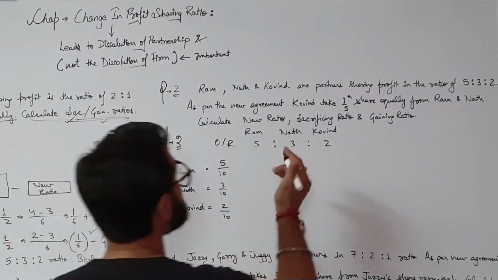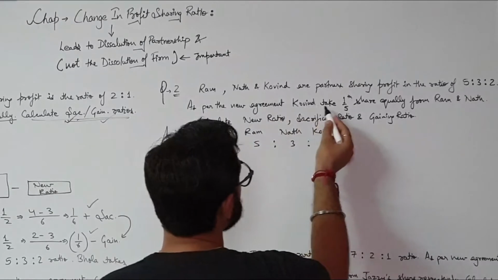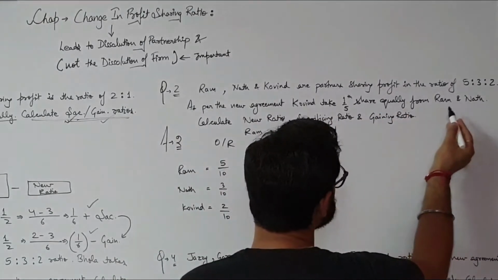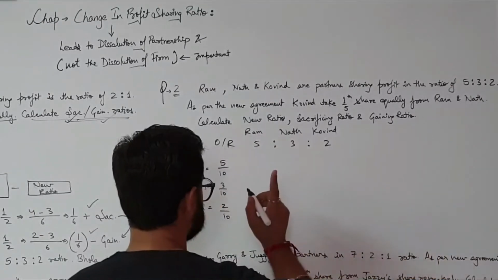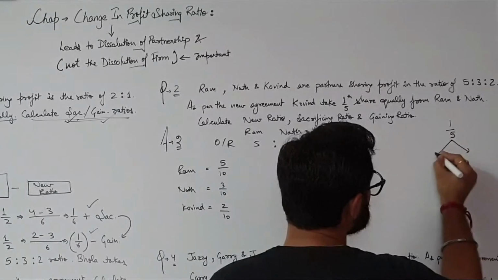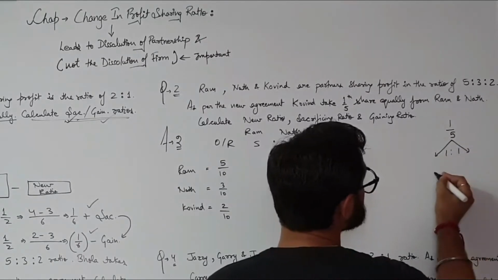Now what has been decided? The new agreement says that Govind will take 1/5 share equally from Ram and Nath. Equally means 1:1.